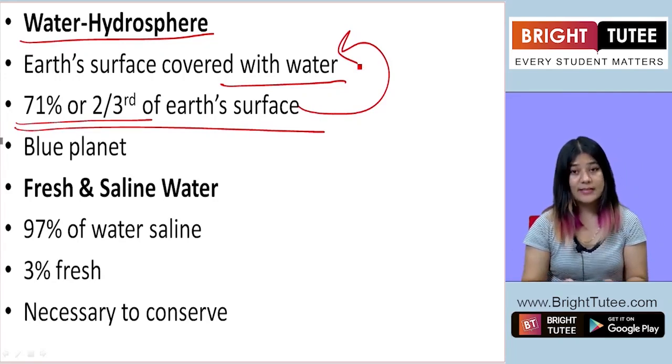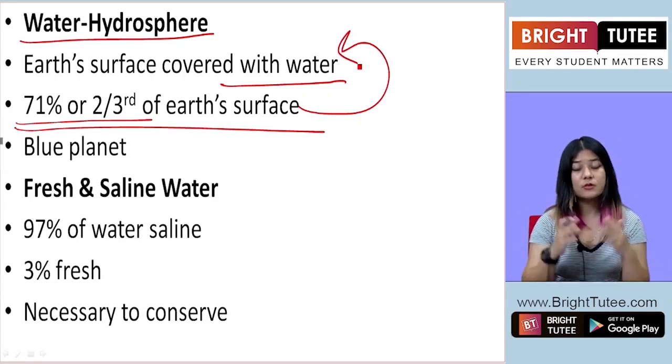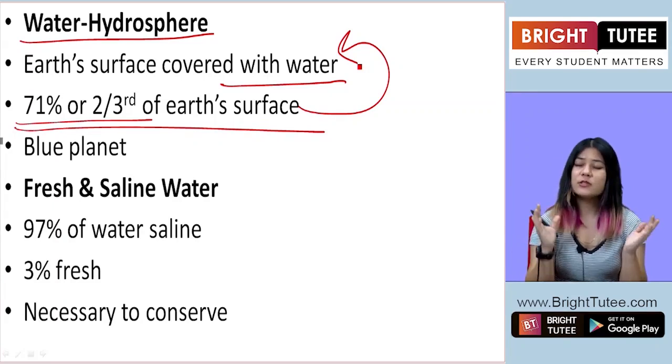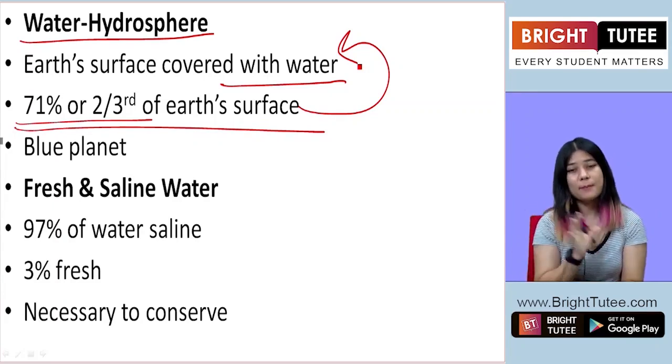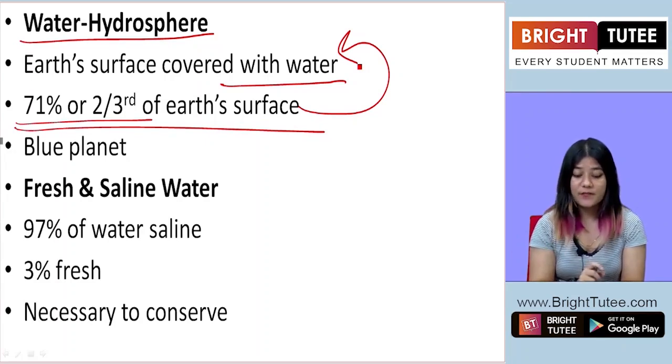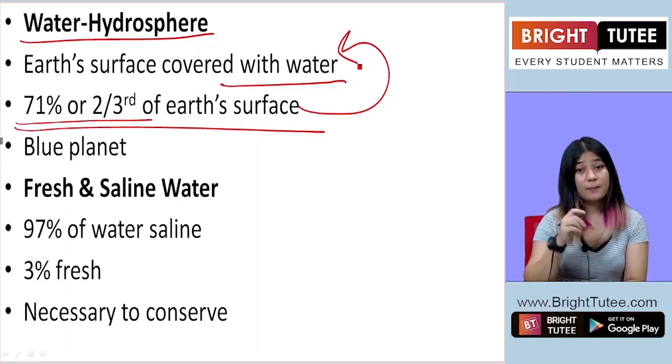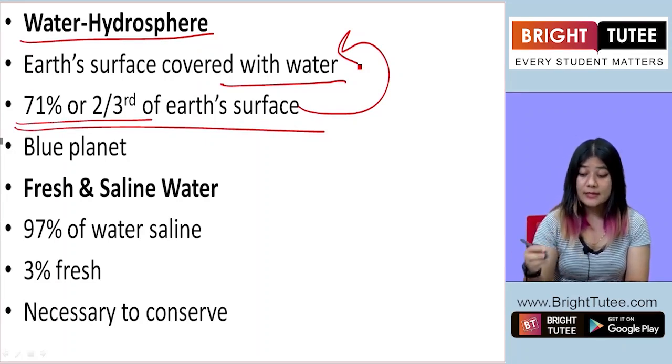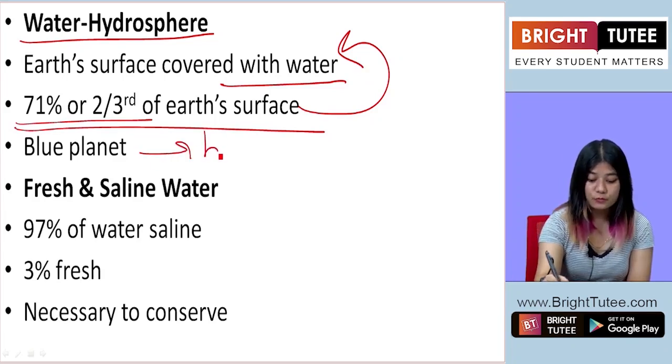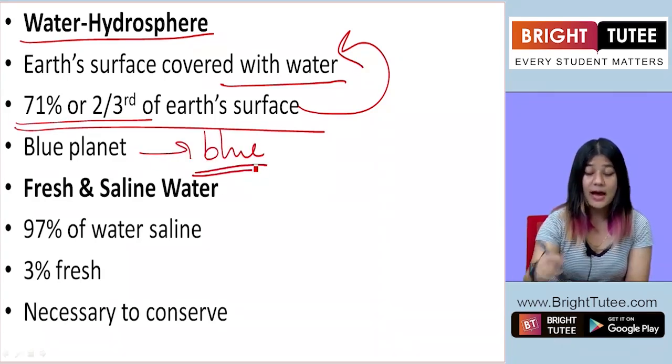Because of the fact that almost all the parts of the Earth's surface are covered by water, the Earth looks very blue from the outside.